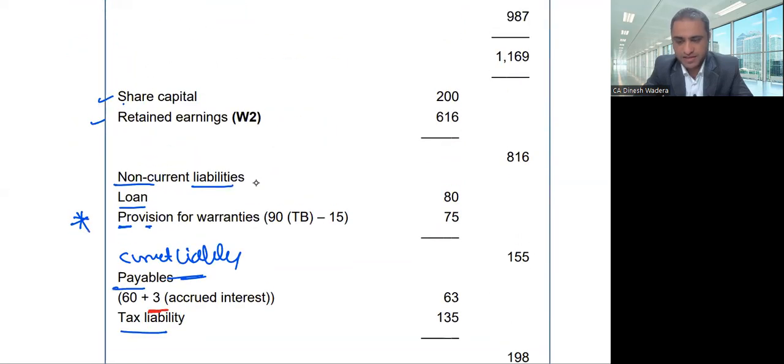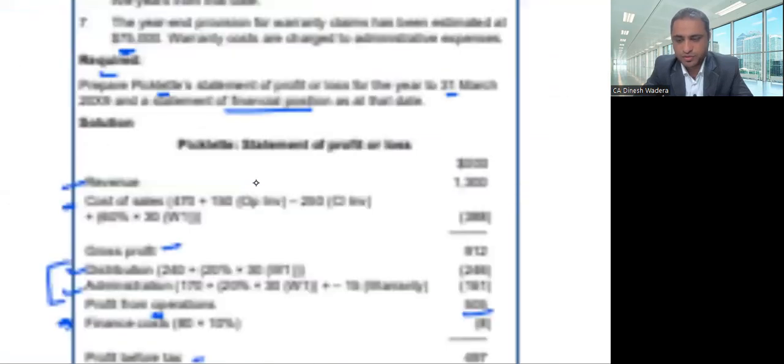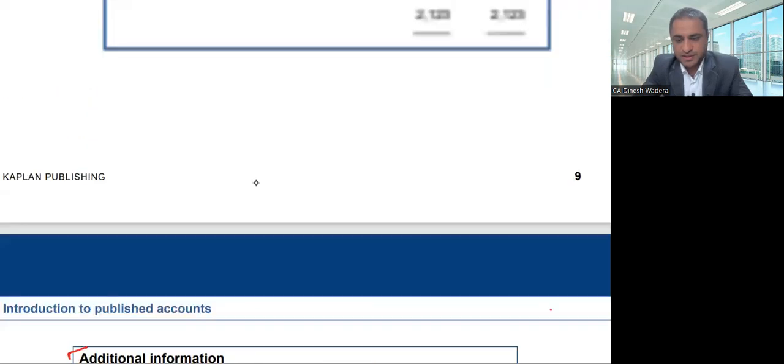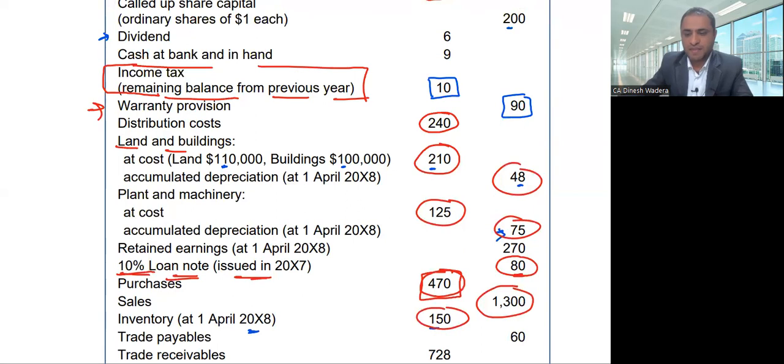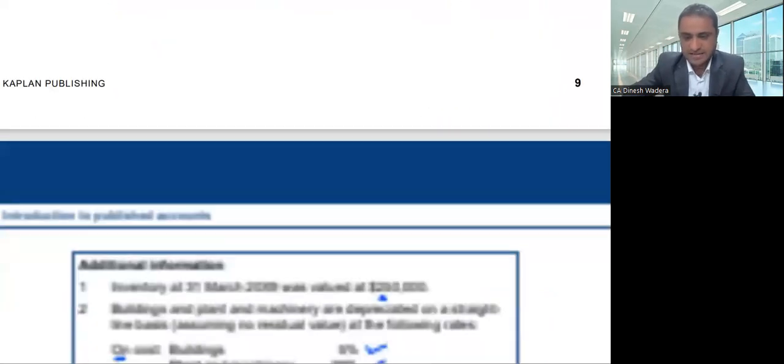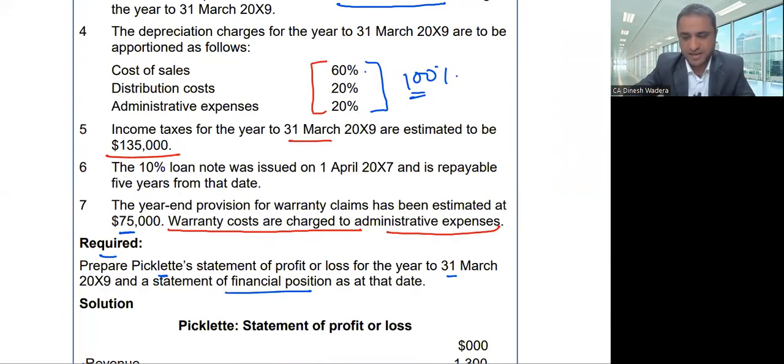I will explain why they did so. This information, the remaining balance from the previous year, they paid in this current year. So let's consider this as an expense for the current year, which has already been paid, and 135 is payable.